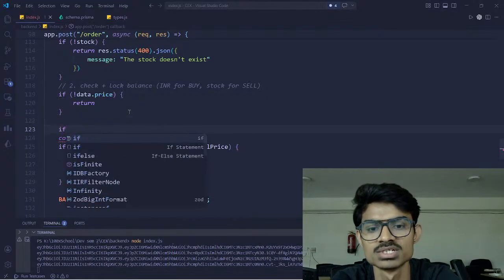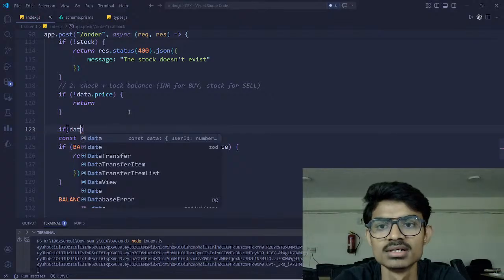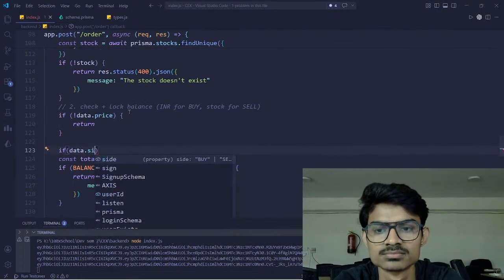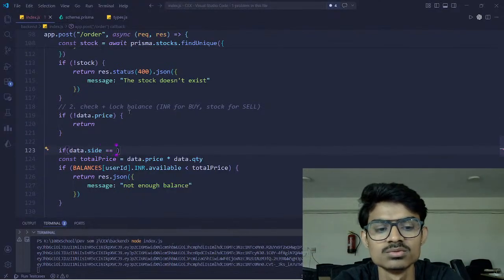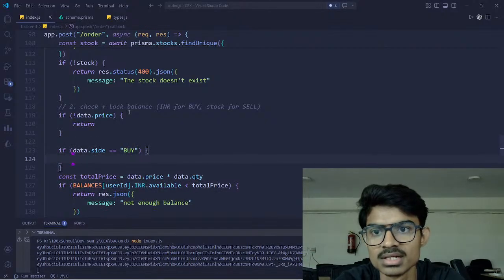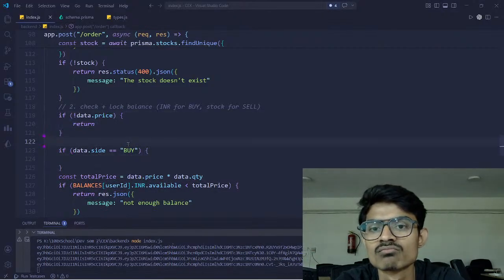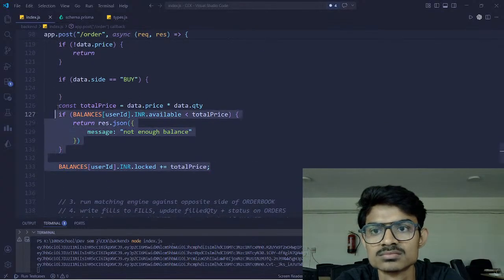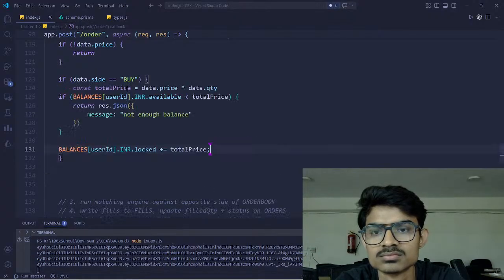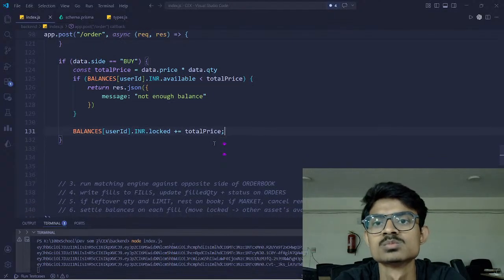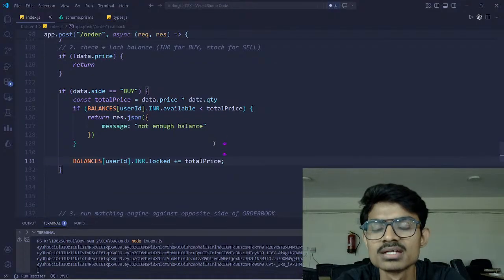I can just put if check if data.side equal to buy, right? Data.side is buy.